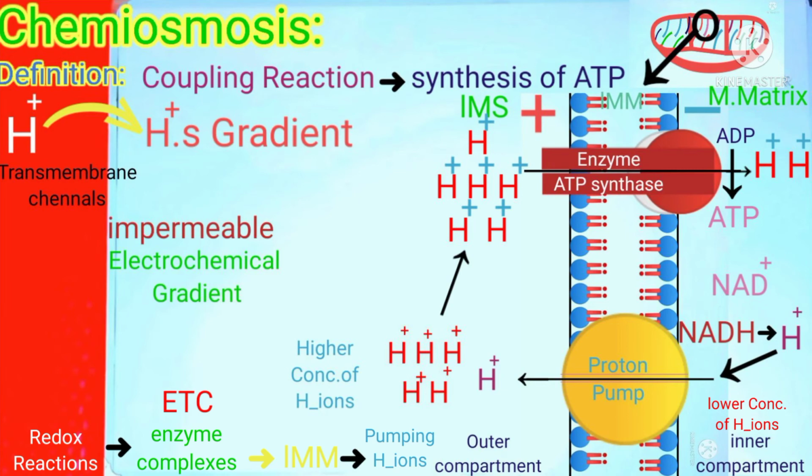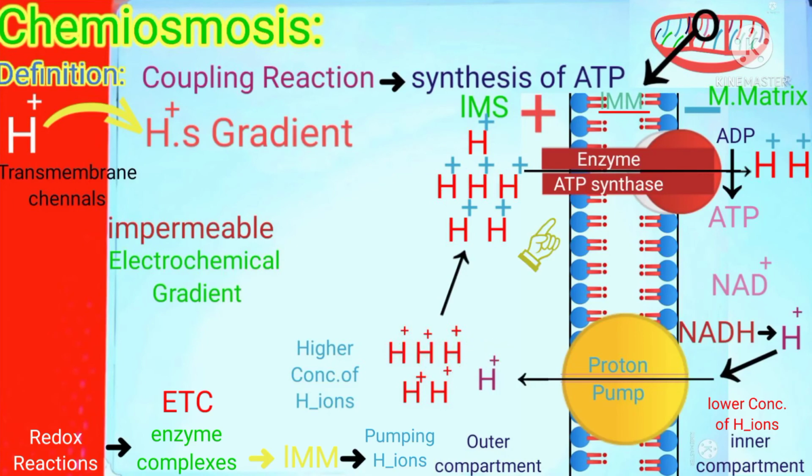As we can see, here is the higher concentration of hydrogen ions in the intermembrane space, and here is the lower concentration of hydrogen ions inside the mitochondrial matrix. As the inner mitochondrial membrane is impermeable to hydrogen ions, these hydrogen ions cannot cross this impermeable membrane. Therefore, here happens the function of the enzyme known as ATP synthase.